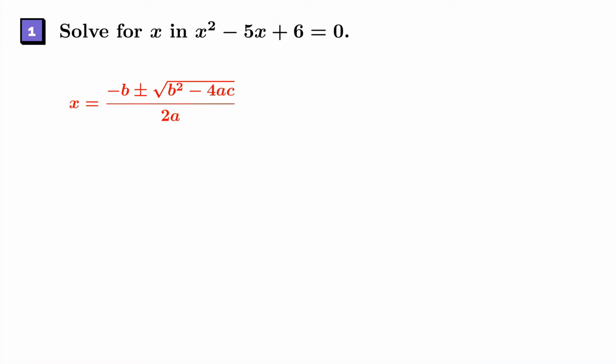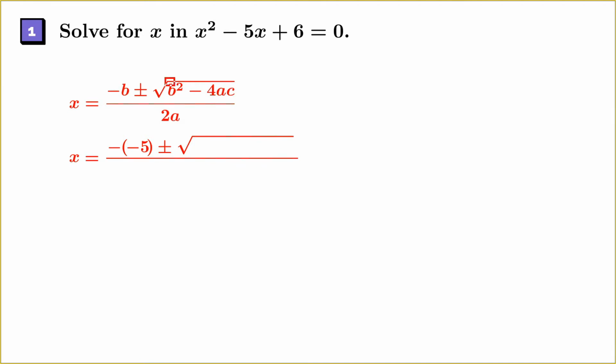So, ipa-plug in natin yun sa a, sa b, at sa c. Okay? So, we have x equals negative. Ano ulit yung value ng b? We have negative 5. And then, plus minus the square root of b squared.